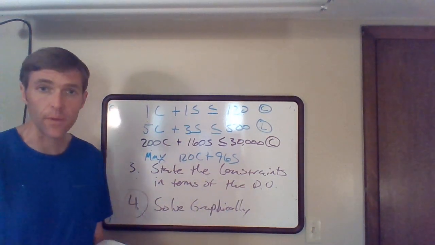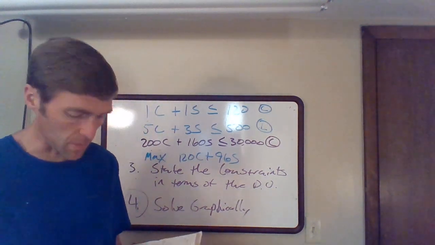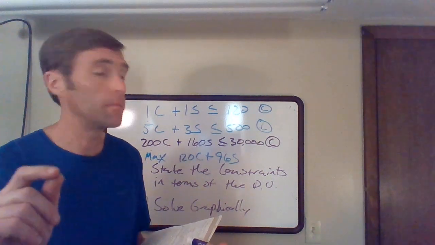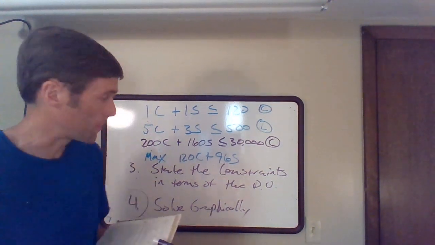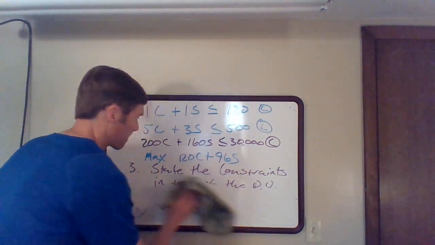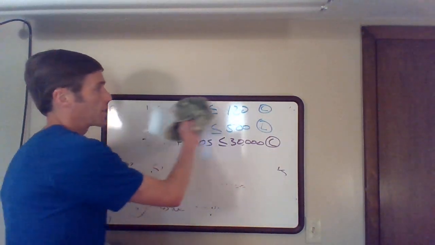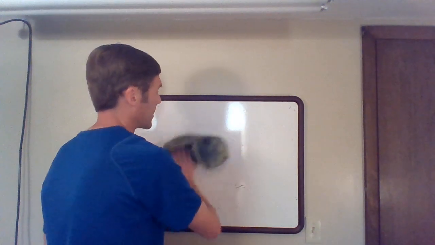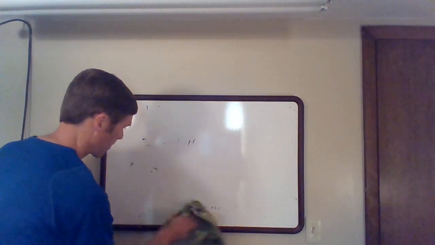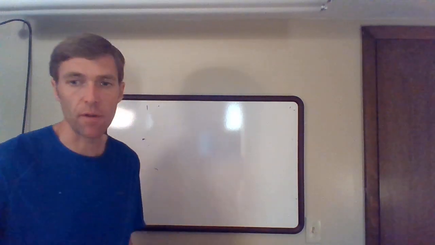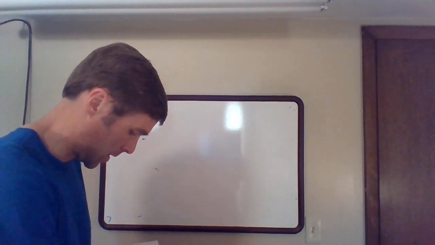Now I am going to recreate what's in the book, and then we'll solve. Okay. I'm going to try to do this very carefully and just one constraint at a time, because the graph gets busy very, very quickly. Okay?